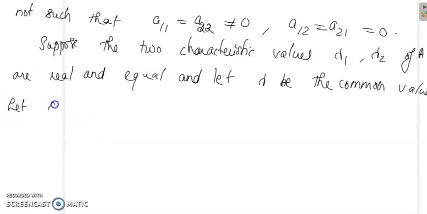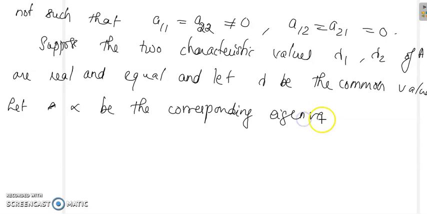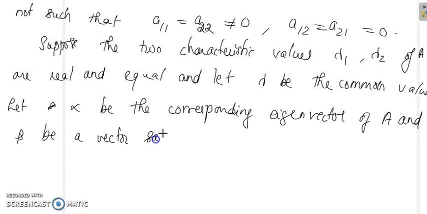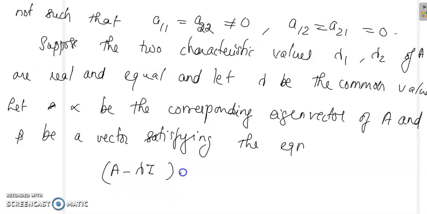And let alpha be the corresponding eigenvector of A, and beta be a vector satisfying the equation A minus lambda I, beta equal to alpha.